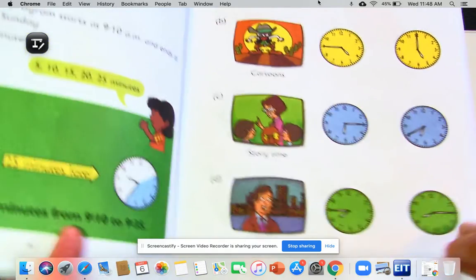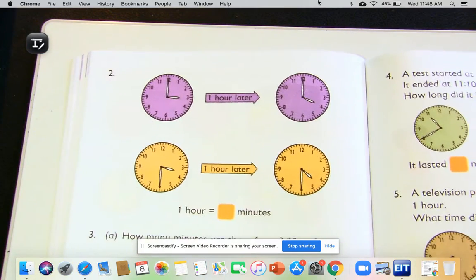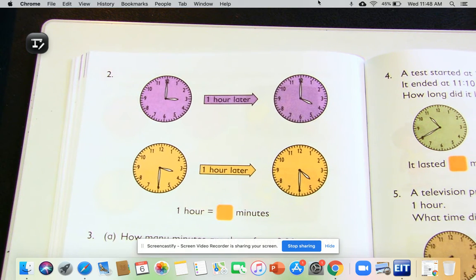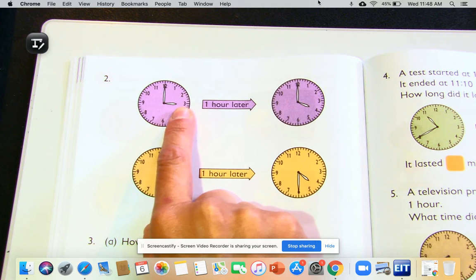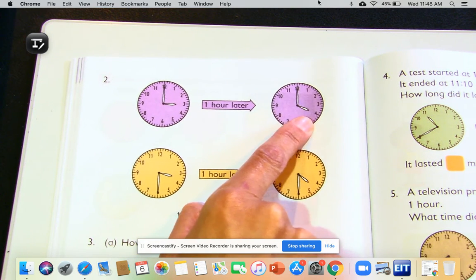All right. Let's see. Here's a little reminder telling us 1 hour later. So if we're going a whole hour later, not just minutes later, for example, here's 3 o'clock. The next hour is 4 o'clock.